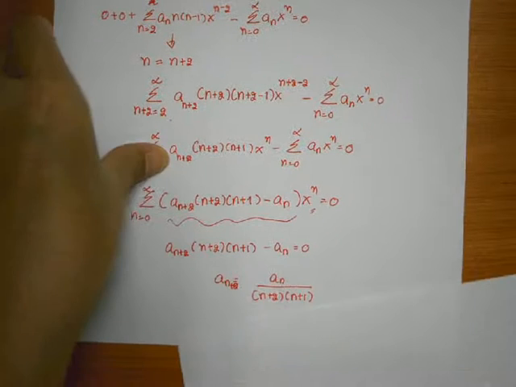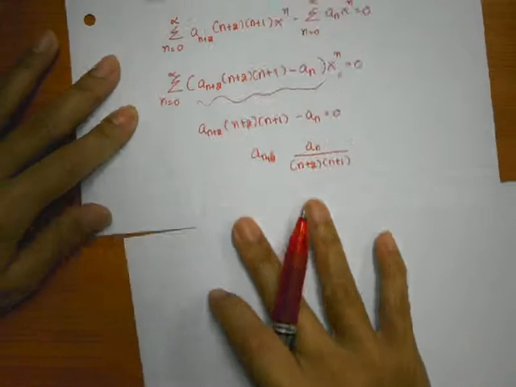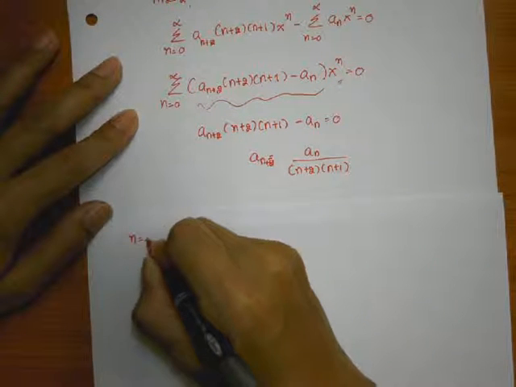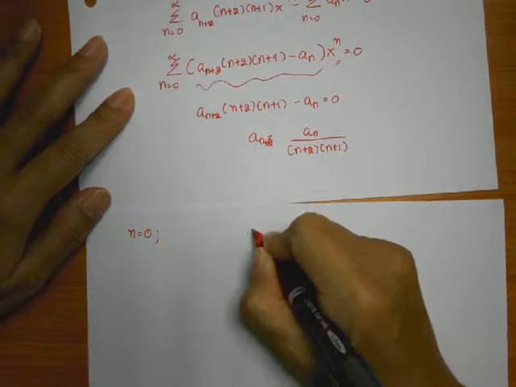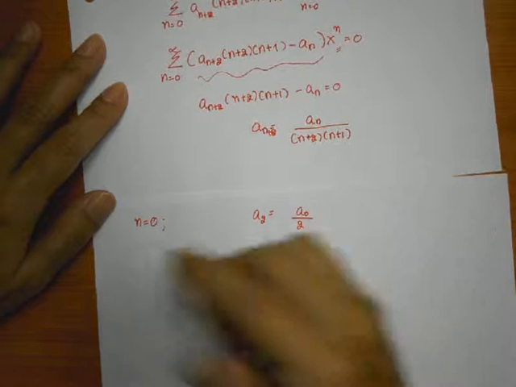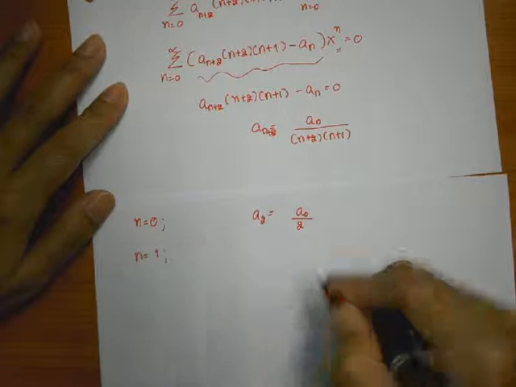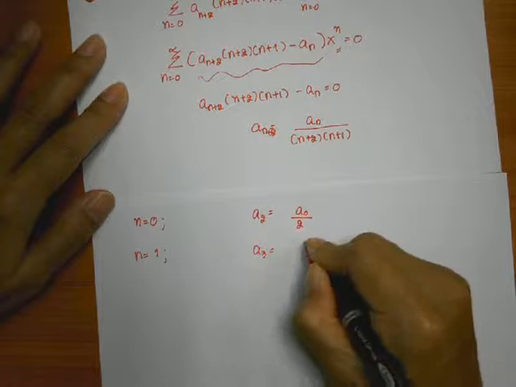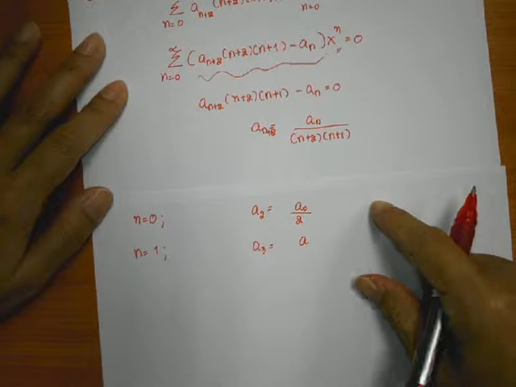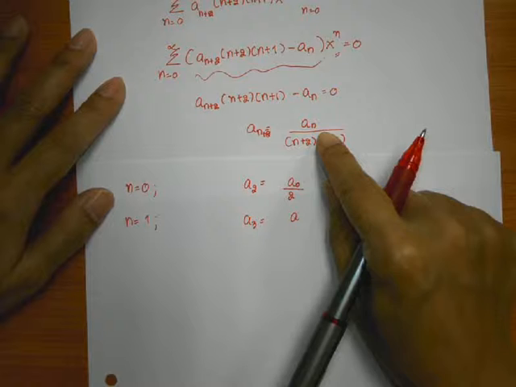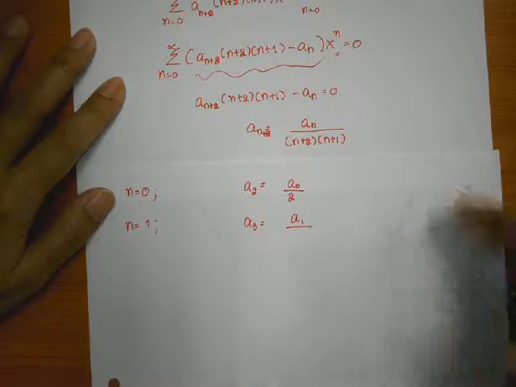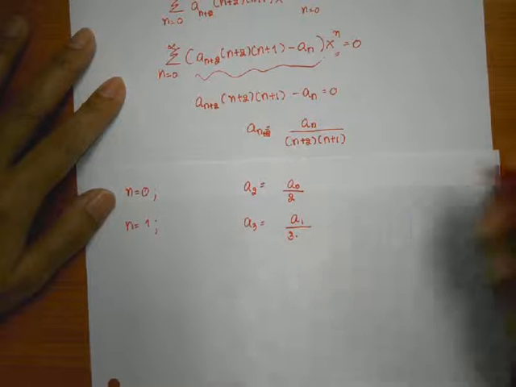And now what we do next is we just assume, if n equal to 0, you would get a2 equal to a0 divided by 2. If n equal to 1, you would get a3 equal to a1 divided by 3 times 2.